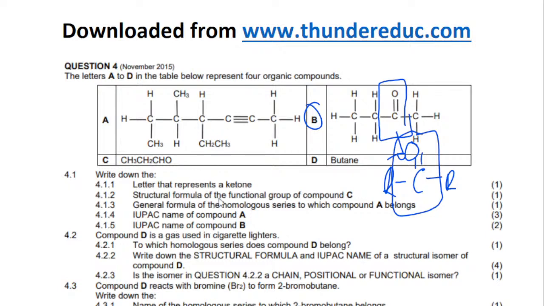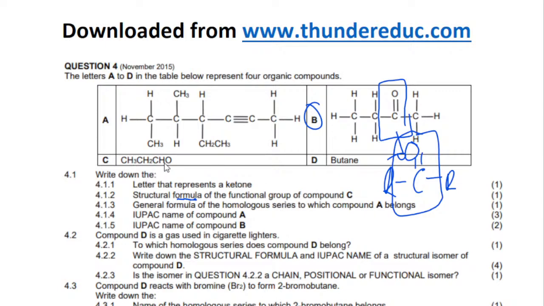Then we got the structural formula of the functional group of compound C. Here is the key point: don't just write the structure formula. What is the functional group of compound C?